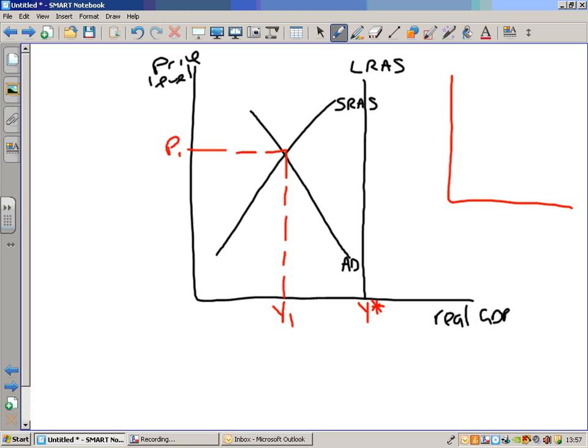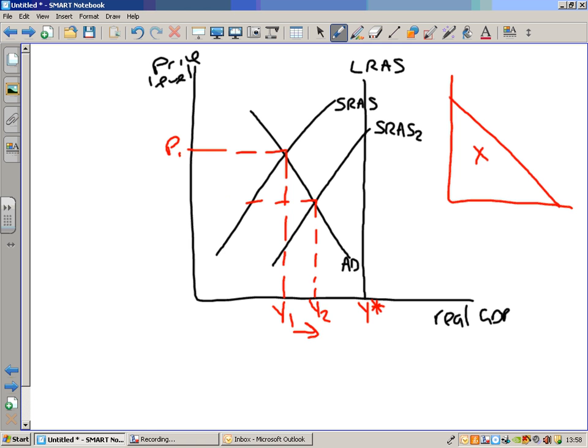Again, if we show this on a production possibility boundary diagram, the PPB represents Y star. The cross represents where we are. We have some inefficiency in the economy. What we can see now then is that if we were to increase the short-run aggregate supply, maybe by lowering wage demands or raw material costs, then what we will find is that we get closer to our production possibility boundary.